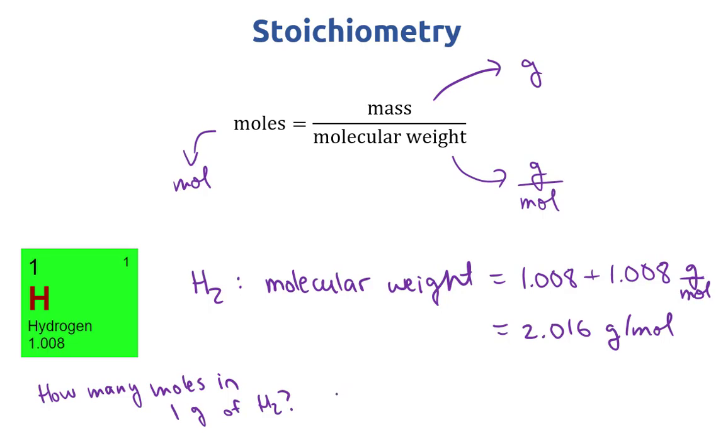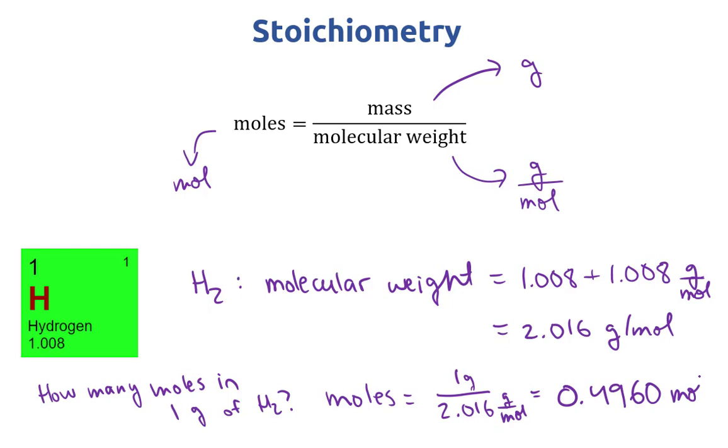Well, the moles would be the mass, 1 gram, divided by the molar mass of 2.016 grams per mole. And what that gives us is 0.4960 moles of hydrogen.